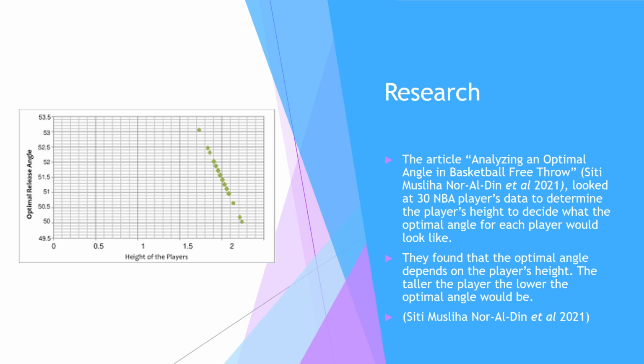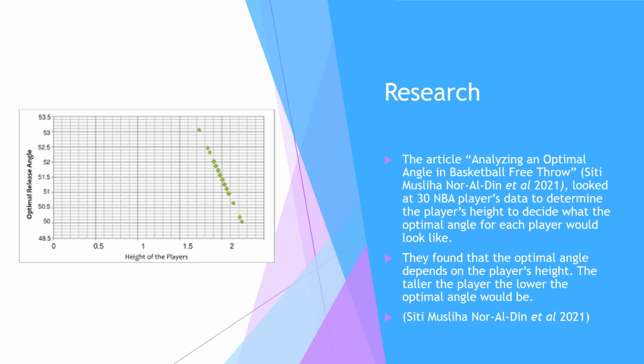Another research article is called Analyzing the Optimal Angle in Basketball Free Throws. They looked at 30 NBA players' data to determine the player's height and decide what the optimal angle for each player would look like. They found that the 45-degree angle that is most commonly told by researchers to be correct was actually not right.